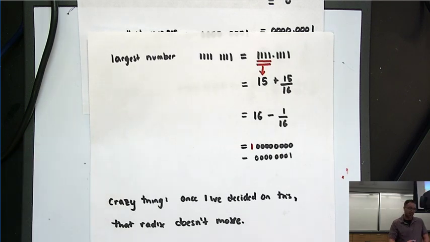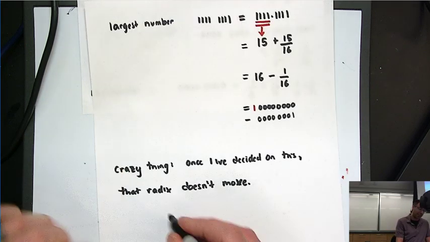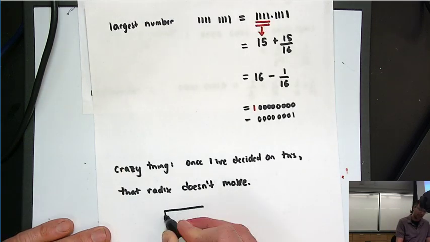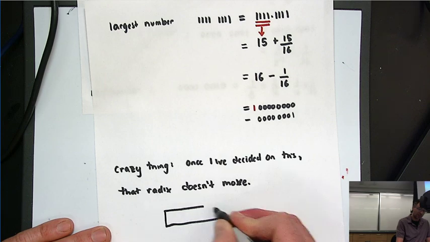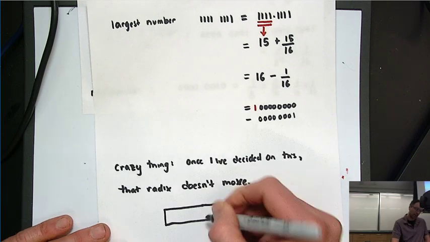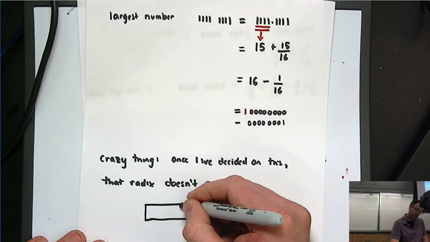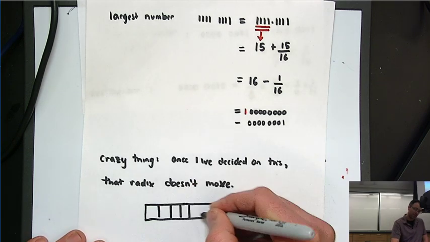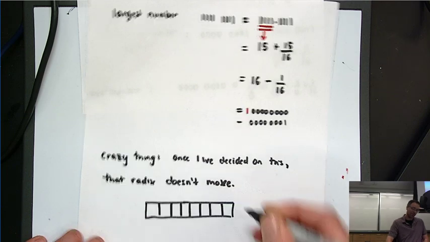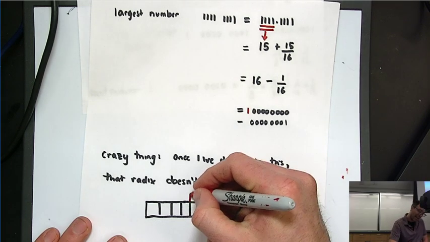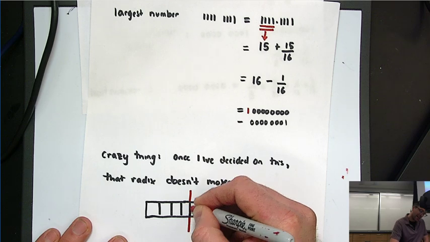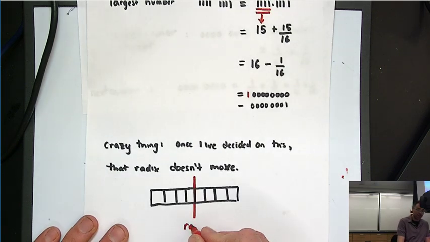So basically the concept is, in this fixed point representation, how many total bits do I have? I have 8 bits in this thing. The radix is always stuck where?